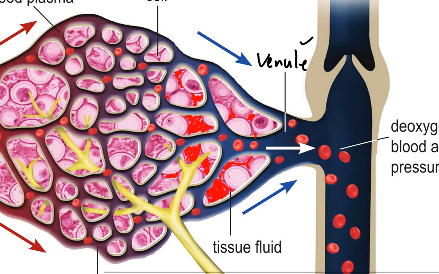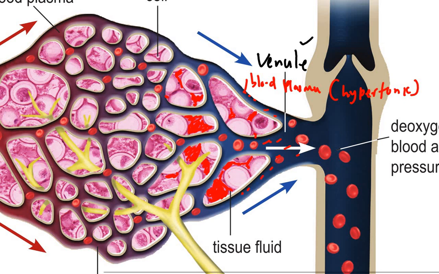At the venule end of the blood capillary, blood plasma is hypertonic. So we label here the blood plasma. Blood plasma is hypertonic compared to the tissue fluid.